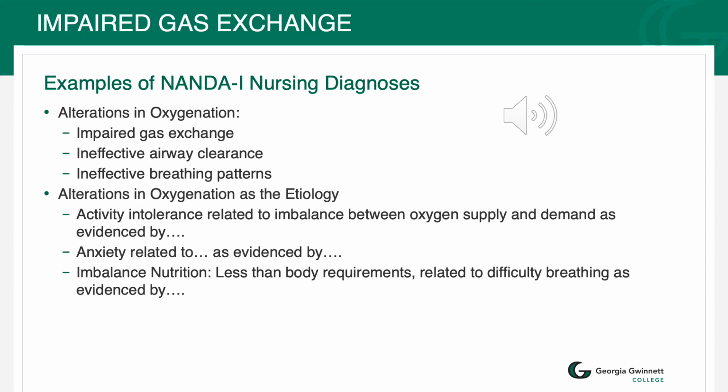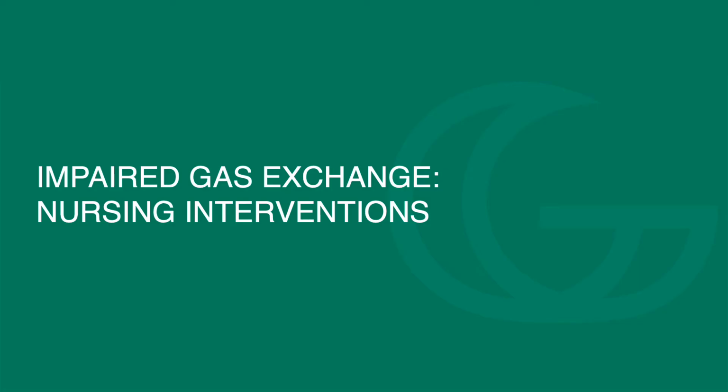Anxiety related to activity intolerance related to the imbalance of oxygen supply and demand. Imbalanced nutrition, less than body requirements related to difficulty breathing. So I hope this slide clears up the different diagnoses, and I think by the end of this lecture, you'll get a light bulb that clicks on the differences in these.